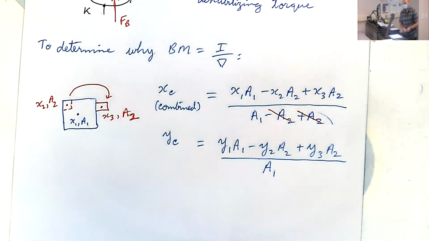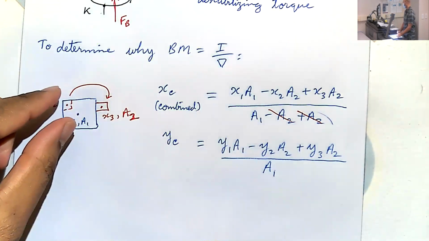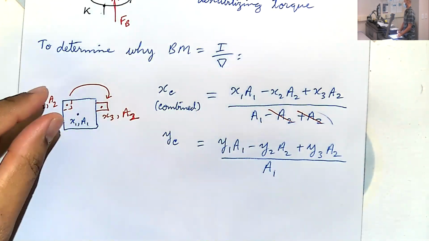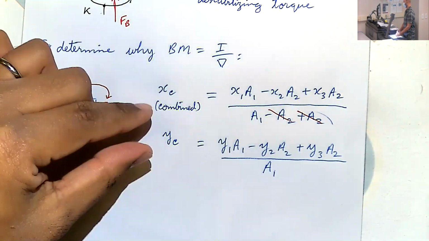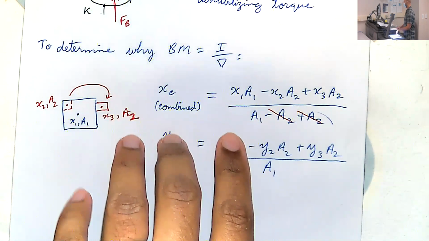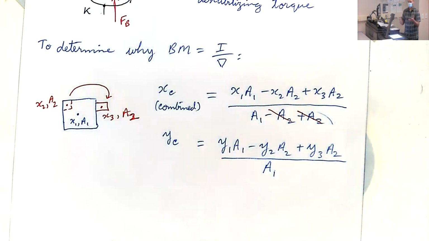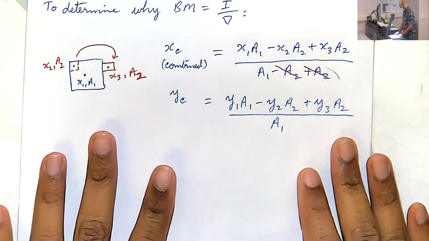The same thing we could have done with volume. If this were a box and you cut out one corner as a three-dimensional smaller box, move it elsewhere, the xb, yb would be computed similarly. B, for us, is the center of buoyancy, which is always the center of the volume. So that's why I called that B.